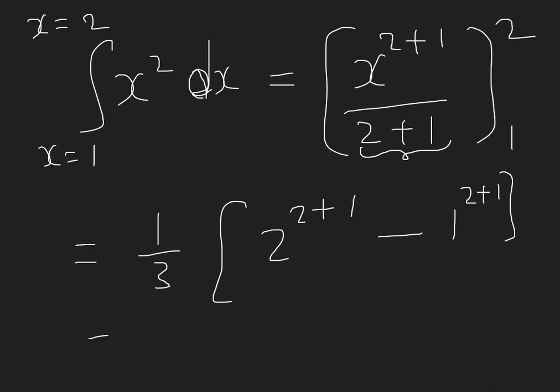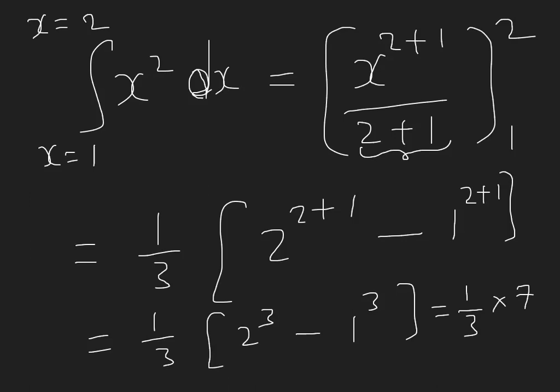So we can write 1 by 3 times 2 power 3 minus 1 power 3. 2 cube is 8, 8 minus 1 is 7, so the answer is 7 by 3.